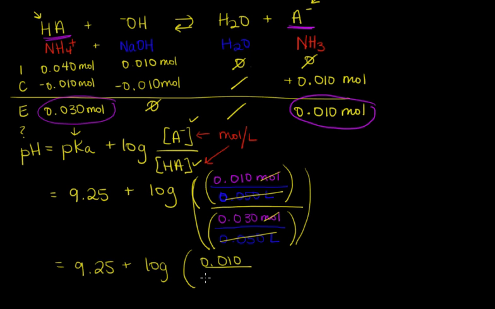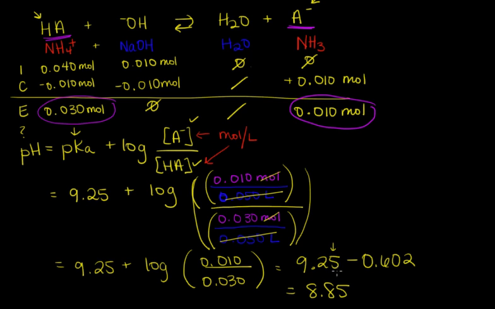0.030, and after you do that and figure out the logs, so in step 1 divide this, step 2 plug it into the log, you get 9.25 minus 0.602, which gives us a final pH of 8.85. Remember, take the significant digits of the number with the fewest significant digits.